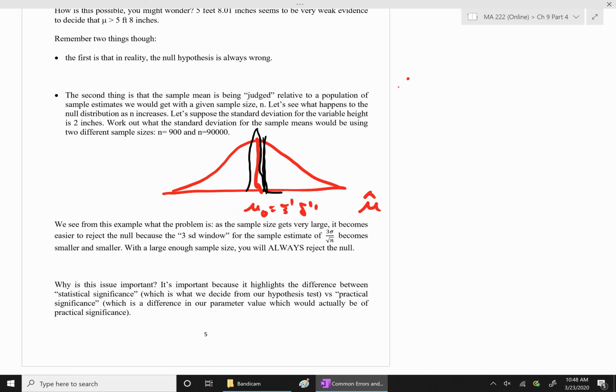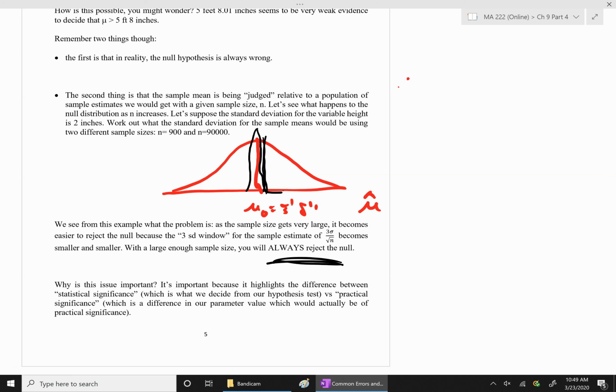If your sample is large enough, you'll always reject the null. So you have to be careful when you read these studies where people say, scientists have proven this isn't true. Well, first of all, you can't prove anything with data, but they mean that they rejected the null, okay? But if their sample is large enough, they're always going to reject the null.